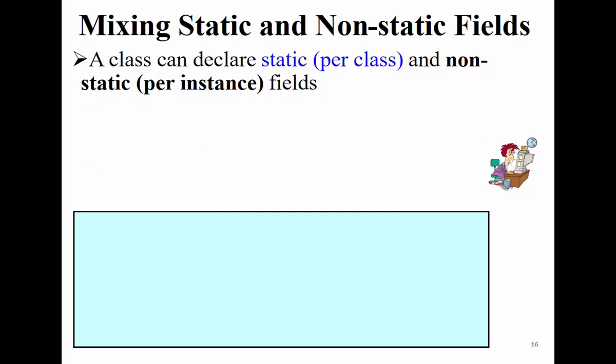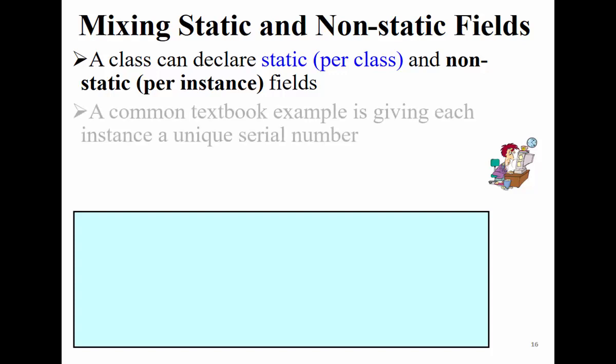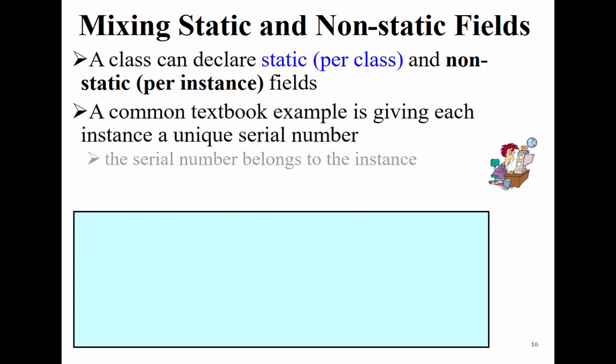Now, mixing static and non-static. Normally when you declare a class, you will have non-static fields, and that is the field is per object. So, back to the example, if you decide to give a unique serial number to the bicycles, you need to use a static variable.